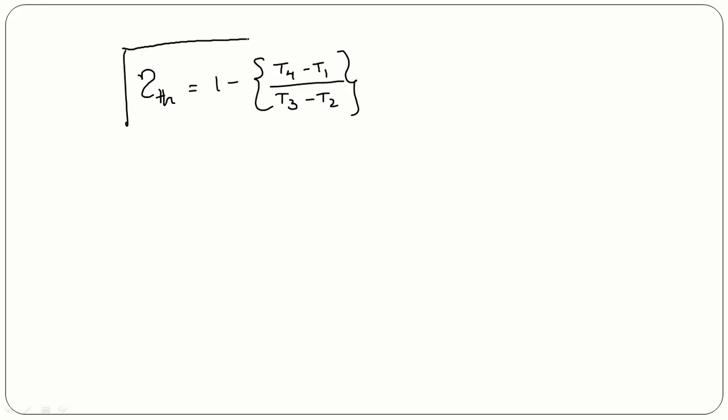So now the thermal efficiency is 1 minus (T4 minus T1) by (T3 minus T2). So this is the thermal efficiency in terms of temperatures. Now let us get this same thermal efficiency in terms of pressure ratio.